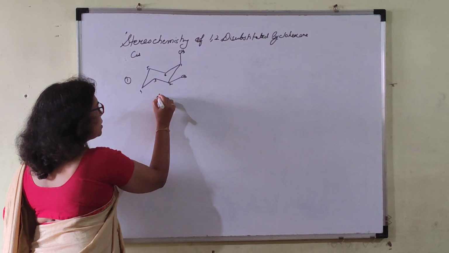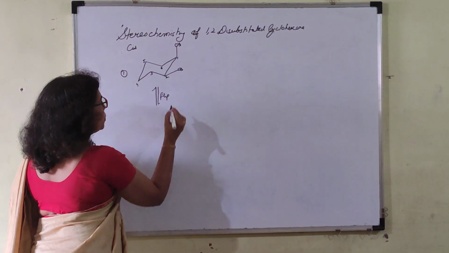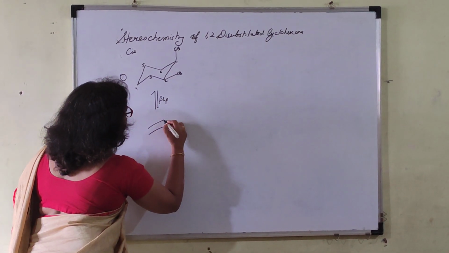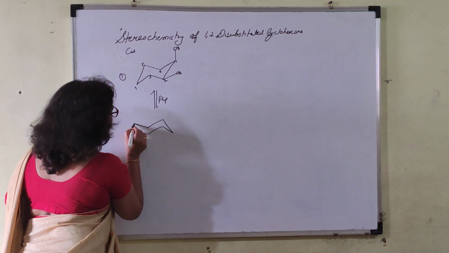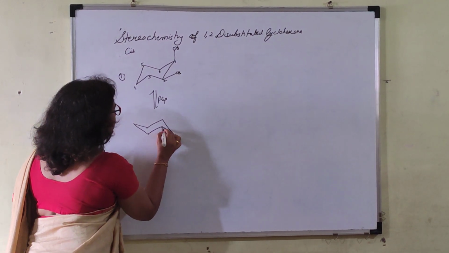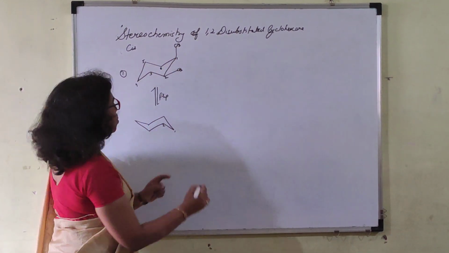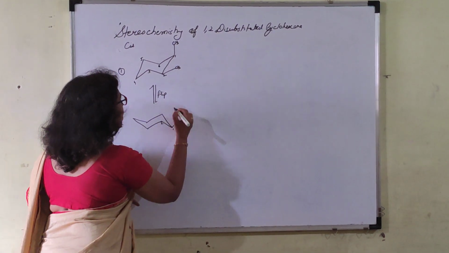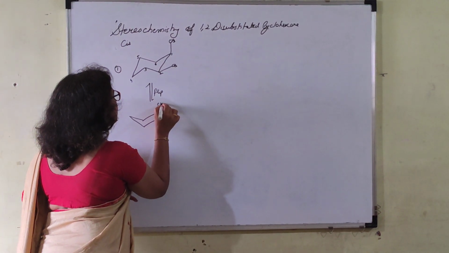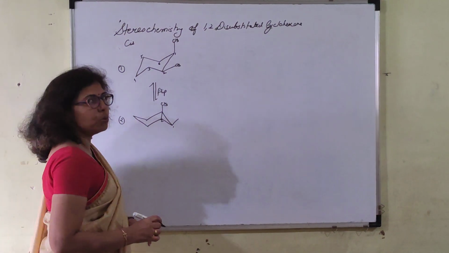Let us flip this compound and you get a second compound, where the axial CH3 group goes to an equatorial one, whereas the equatorial one goes to an axial position. This is your compound number 2.